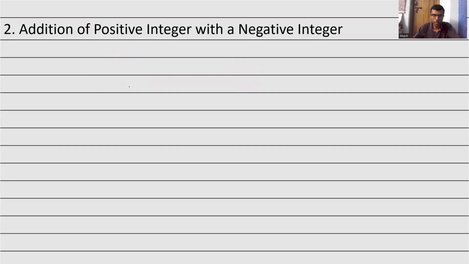Now the trouble comes here. The trouble starts here: addition of a positive integer with a negative integer. Stay with me. Something like, let's say, 9 plus minus 4. See, understand, this is exactly the same as 9 minus 4.